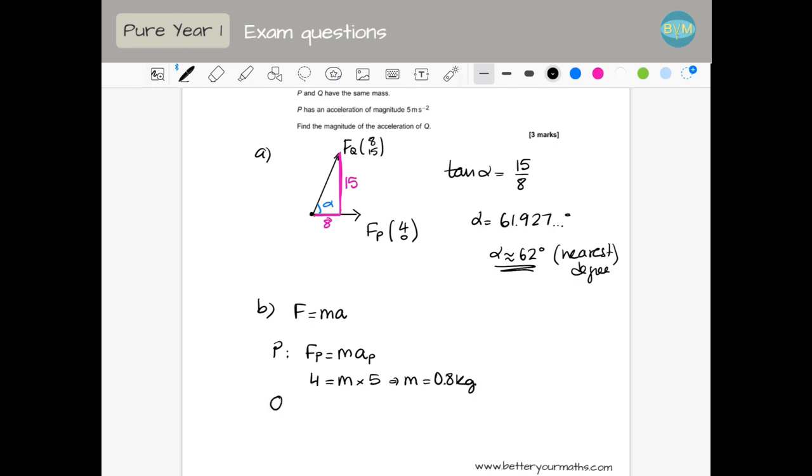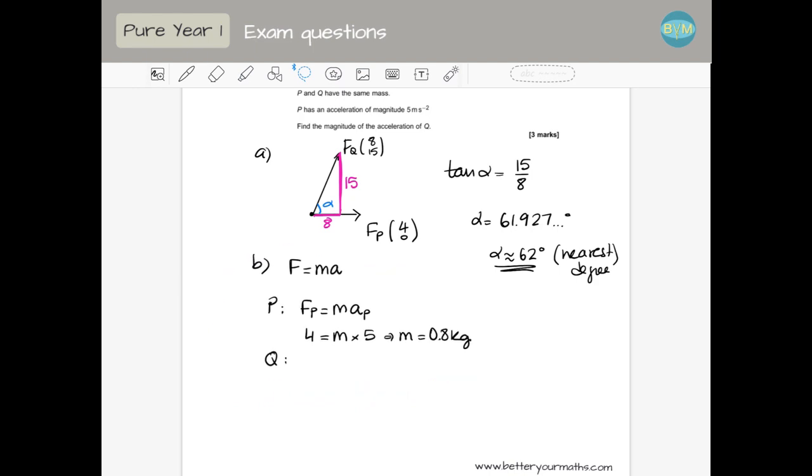If we apply the same to Q, we have that the force at Q is going to be the mass that we just found times the acceleration of Q. The magnitude of FQ is going to be the square root of 8 squared plus 15 squared, which is 17.